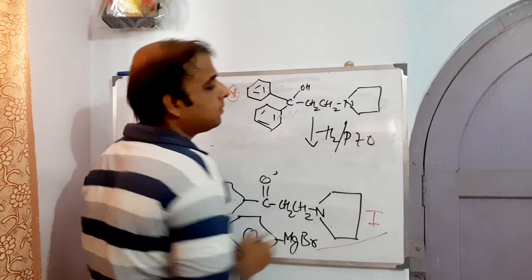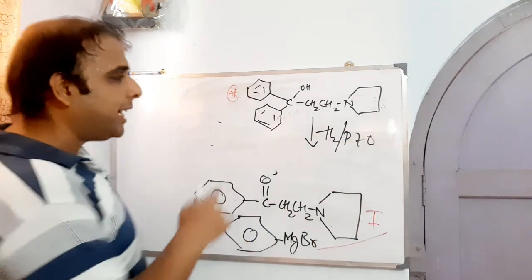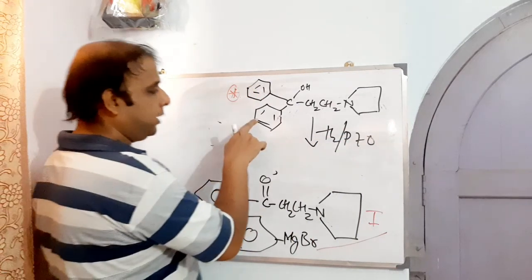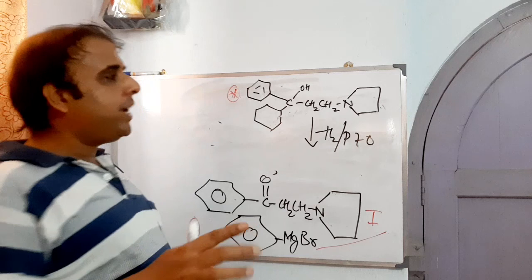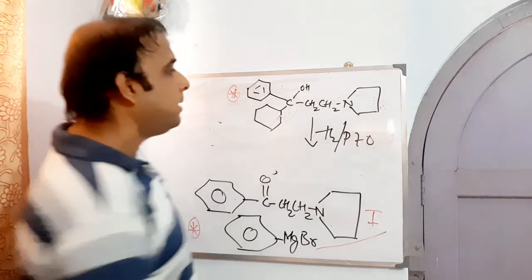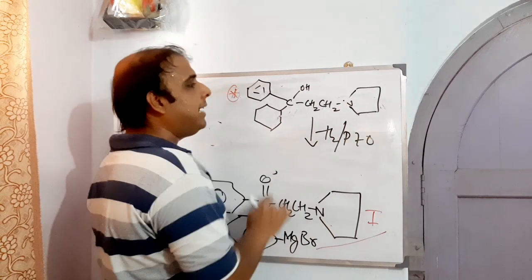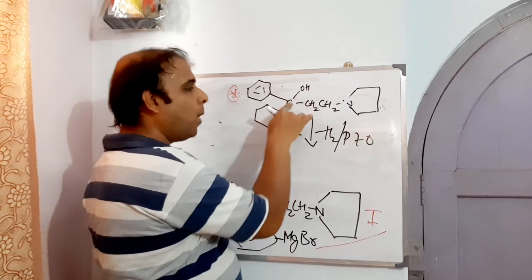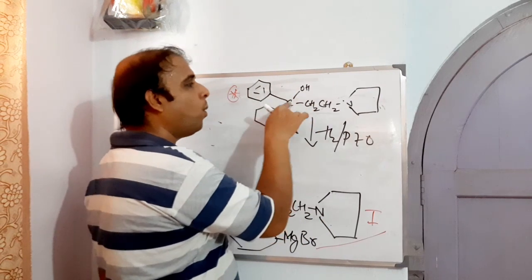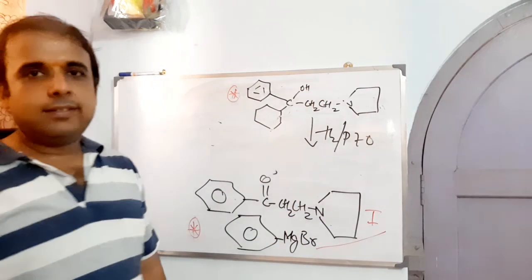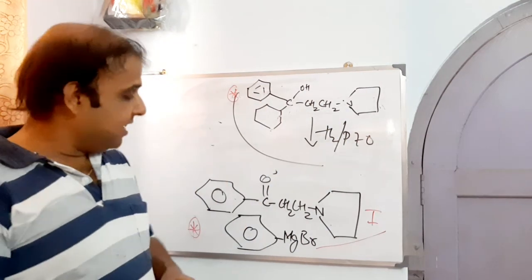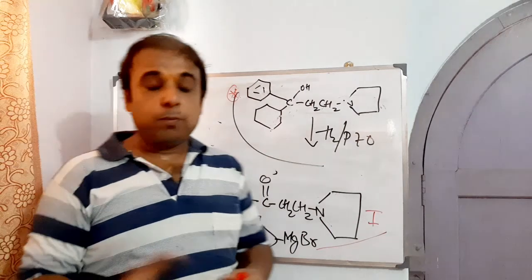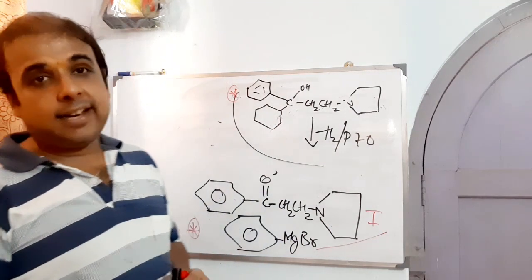H2, PtO2, that is platinum oxide, that will convert one of the phenyl groups to cyclohexyl, and we have got our desired compound, that is nothing but 3-pyrrolidinyl, 1-phenyl, 1-cyclohexyl, propan-1-ol. That's all, right? This is how we can make the synthesis of procyclidine as an anticholinergic.